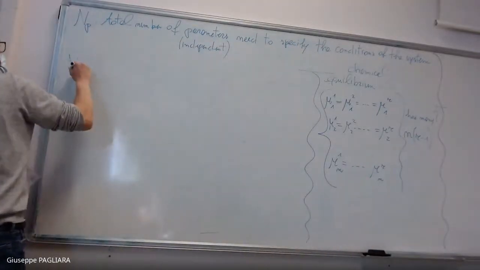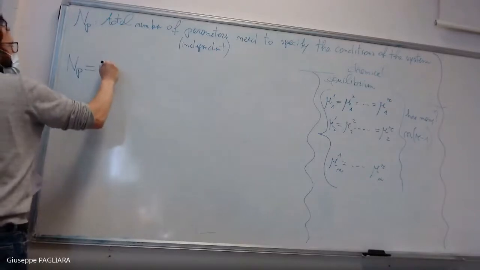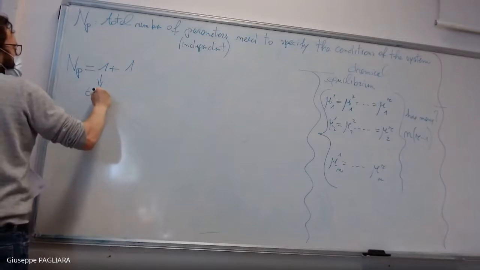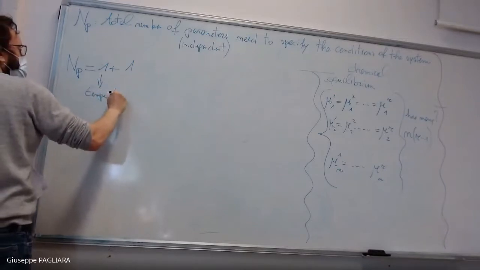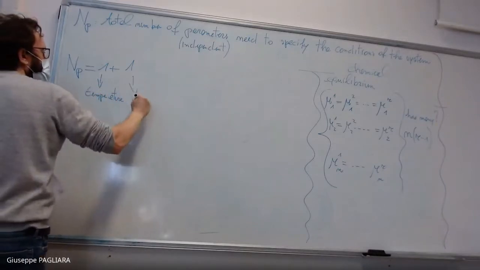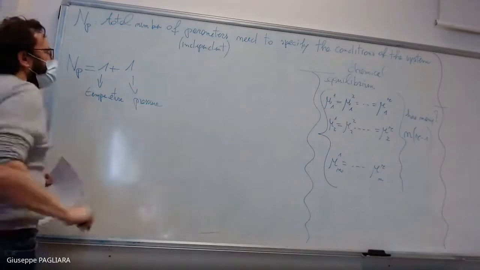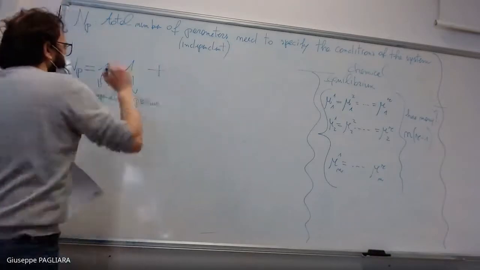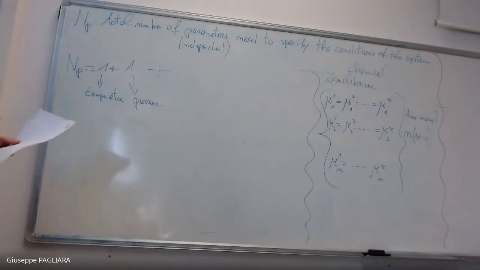So NP is equal to 1 plus 1, 1 for temperature, 1 for pressure, because in the mixed phase, temperature and pressure are equal in the different phases, plus n minus 1 times r concentrations.